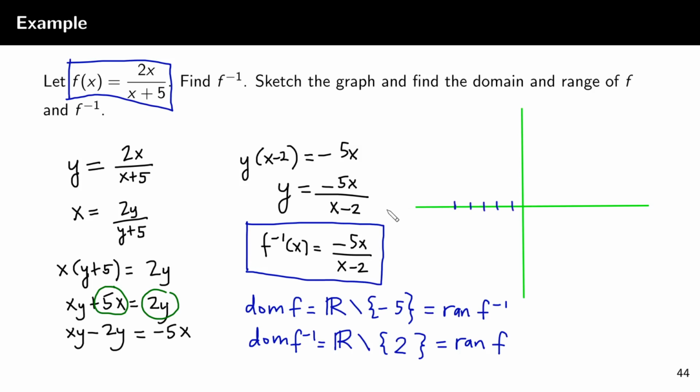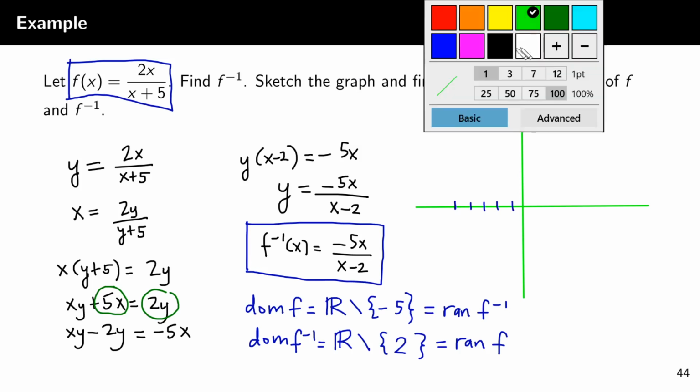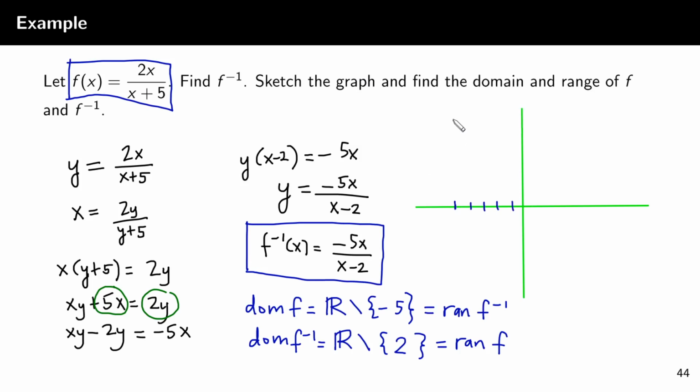This will be an asymptote of our graph. A vertical asymptote, that is. Okay, so let me draw that as a yellow line. This is x equals negative 5. And it will be a vertical asymptote of our graph.